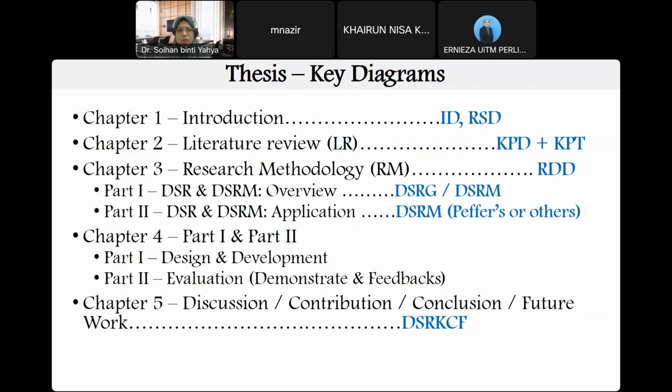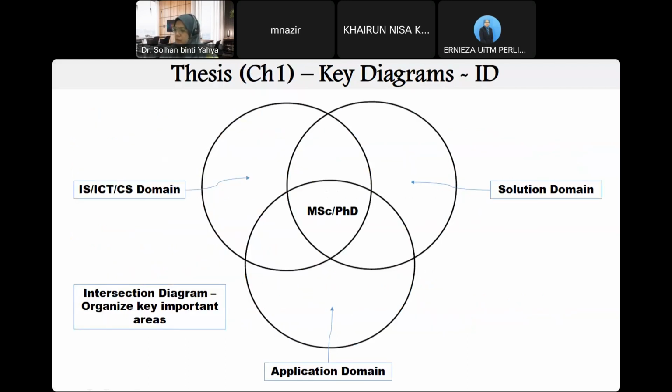And chapter 4, we have part 1 and part 2, design and development. And then chapter 5, we use the DSRKCF template to justify, to explain, to expand the discussion of the knowledge contribution. All right.